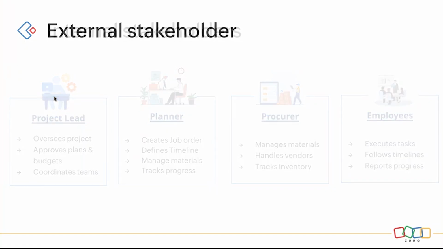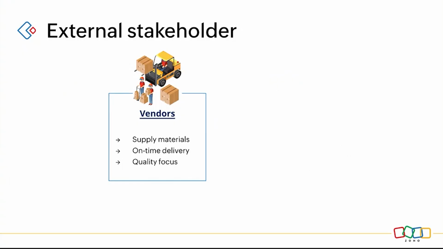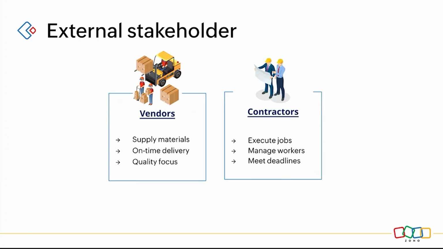And next are the external stakeholders. As we all know, the first external stakeholder is going to be the vendors, who will be supplying the materials that we have requested, and we will make sure it is delivered on time and payments are managed. And next is the contractor. Let's say I'm going to rent an asset, or I'm going to take resources on a contract basis for a single project.